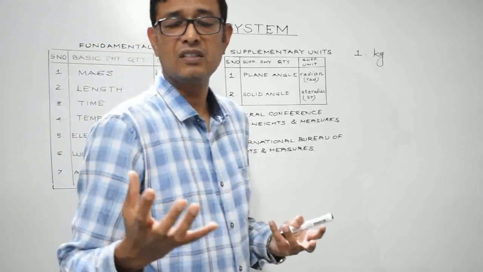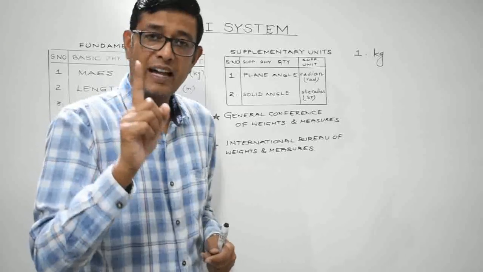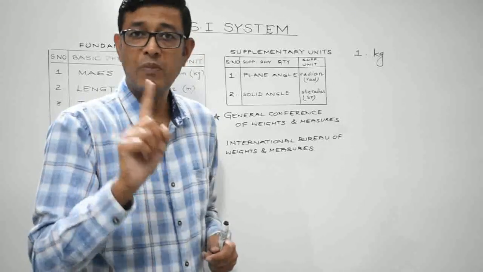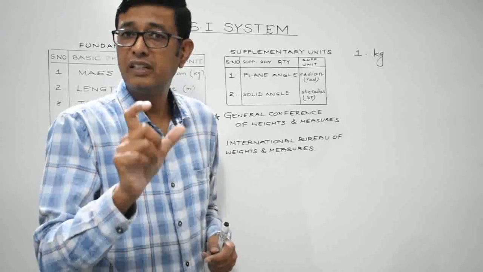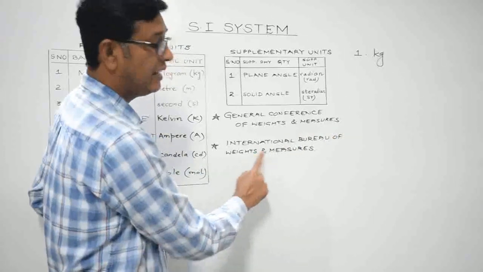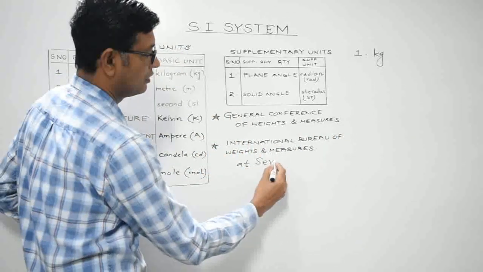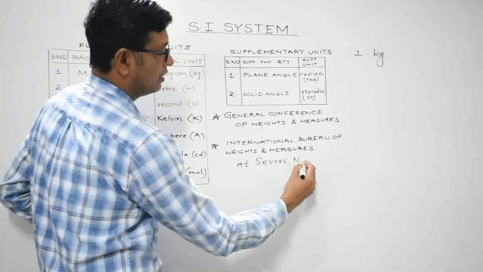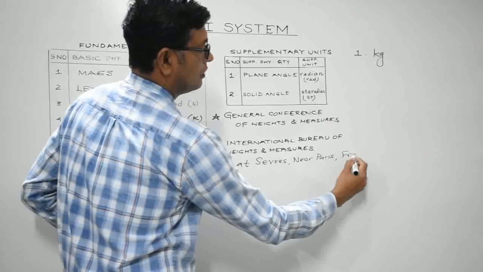We are aware mass is the amount of matter contained in a body. So 1 kg actually is the amount of matter contained in a platinum iridium cylinder kept at the International Bureau of Weights and Measures at Sèvres near Paris, France.